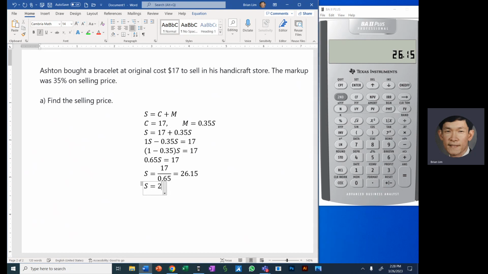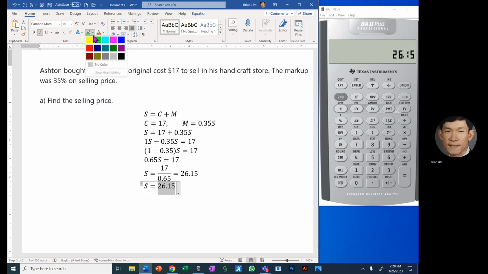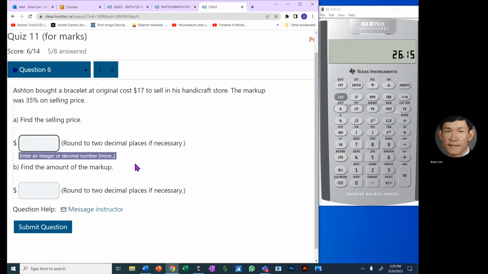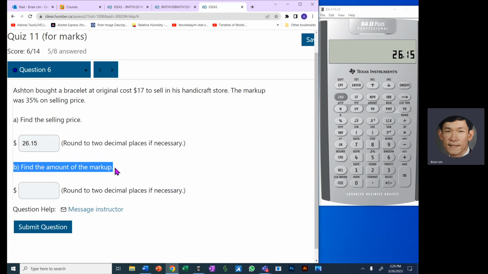So S is equal to 26.15. So there we are. That would be the selling price. So there we go, $26.15. Now the next part is find the amount of the markup.